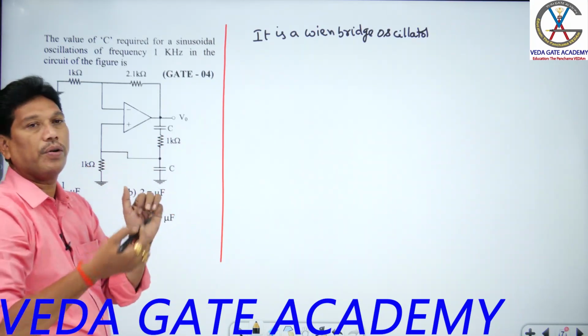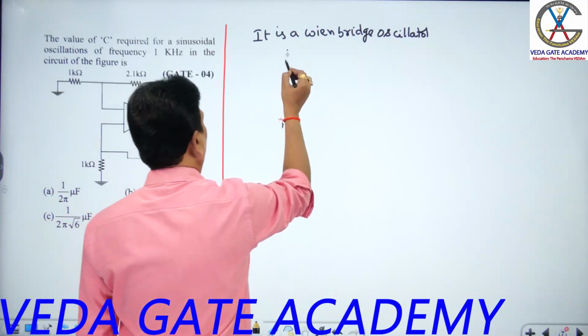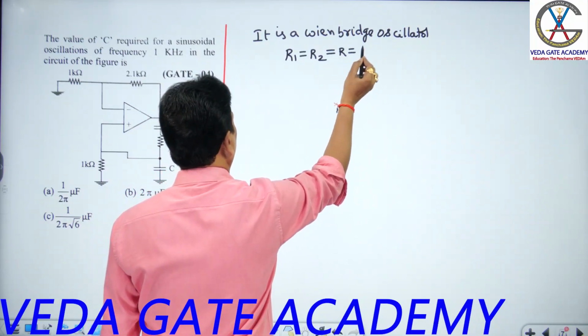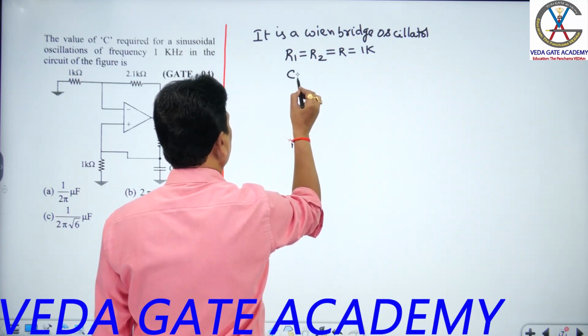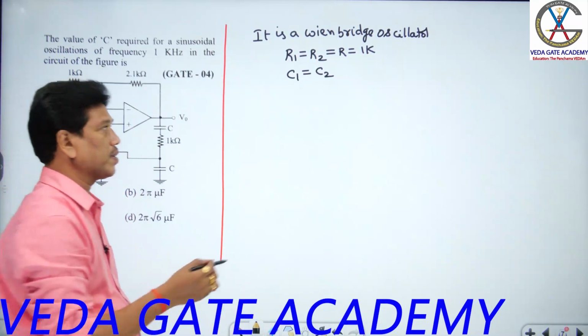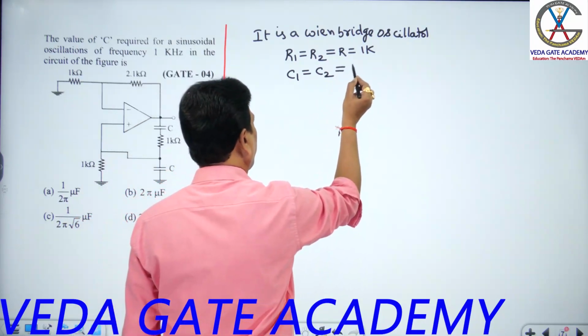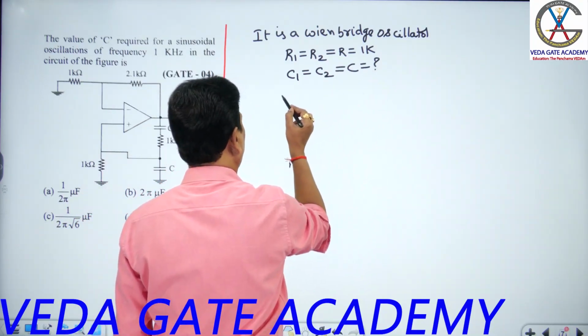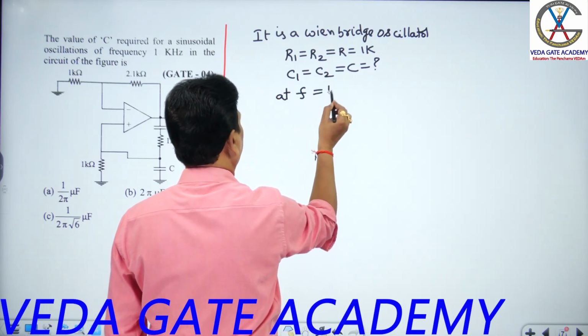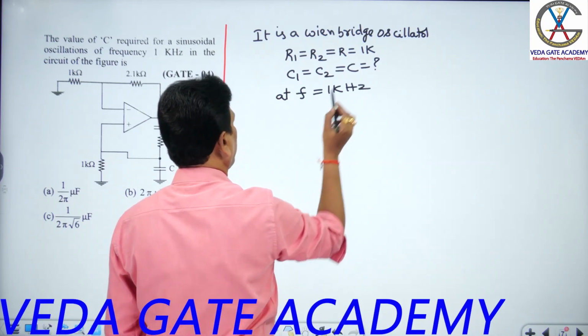Each resistance equals 1 kilo ohm. R1 equals R2 equals 1 kilo ohm, that I can call R. C1 equals C2, that is unknown. So equal capacitance, but unknown. That I need to calculate at F equal to 1 kilohertz.